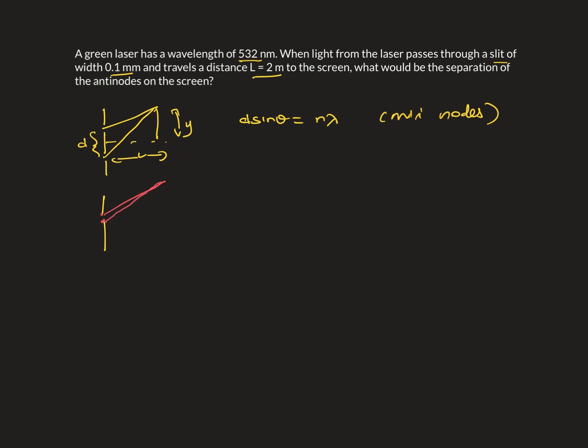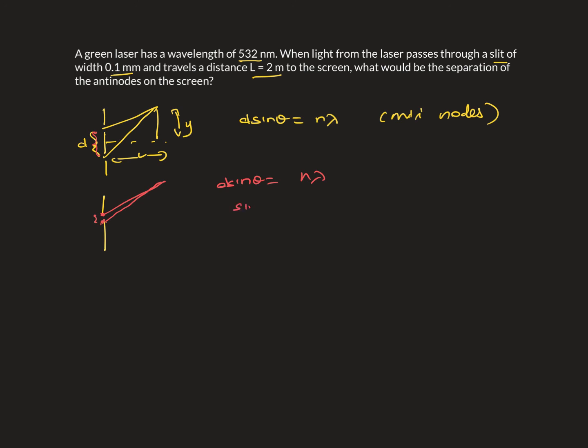So in that case, our d is this one. So that also gives d sine theta is equal to n lambda. We're going to use the same equation, but the only difference is in this case the d is between the edges of the slit width. So now all the equations are going to be the same.